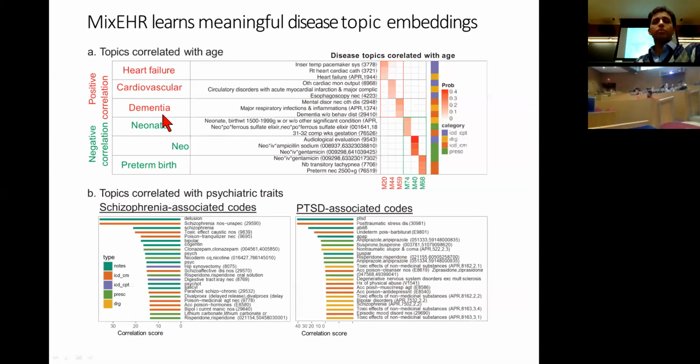And then if you look at the most negative correlation with age, again, these are neonate, birth, preterm birth and so forth, which are the earliest age group. And what's really interesting is that preterm is, in fact, even more negatively associated than, say, neonate, which is, again, fully consistent with the biology.